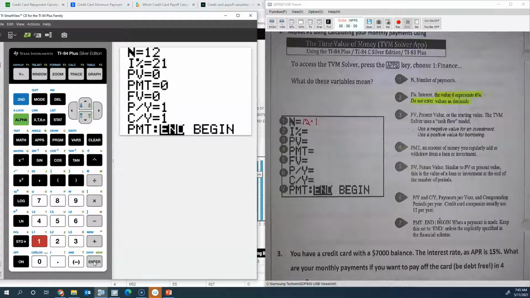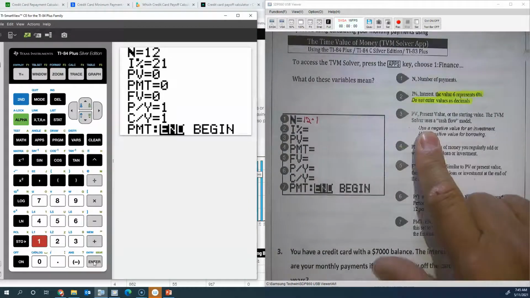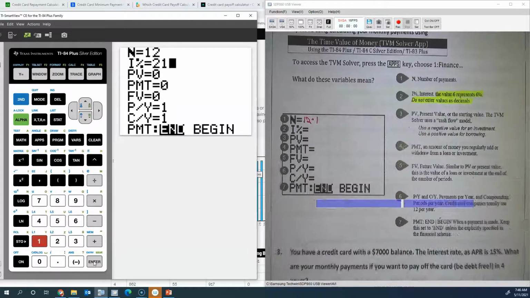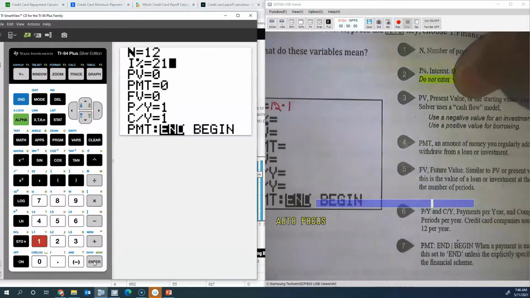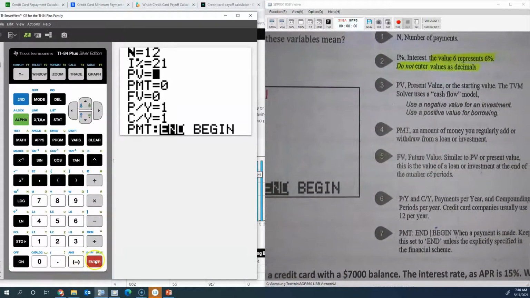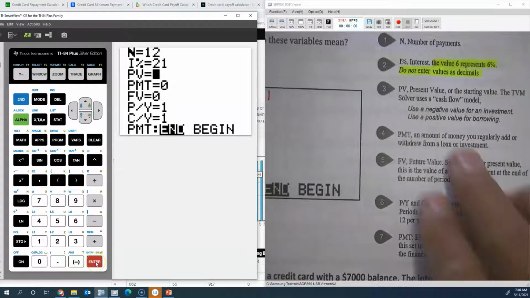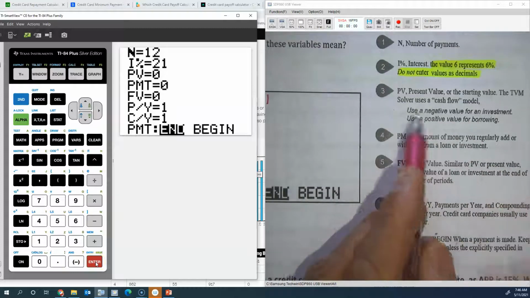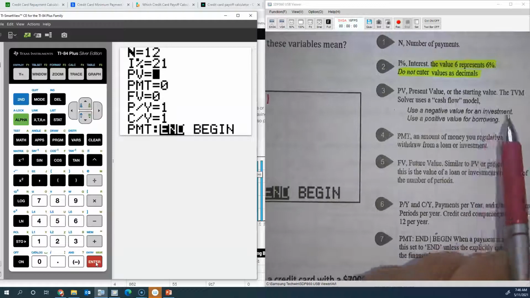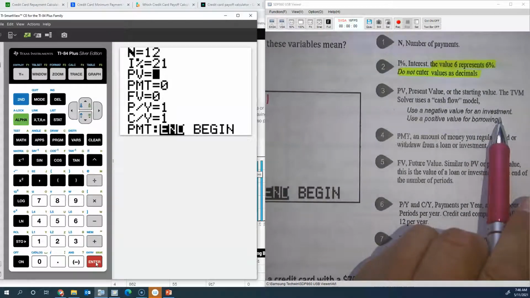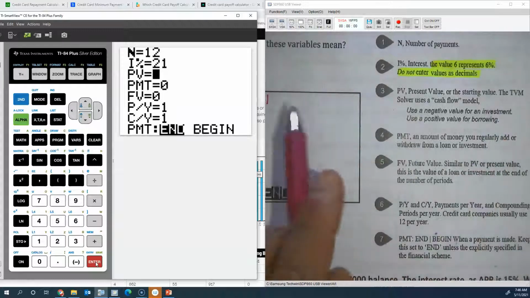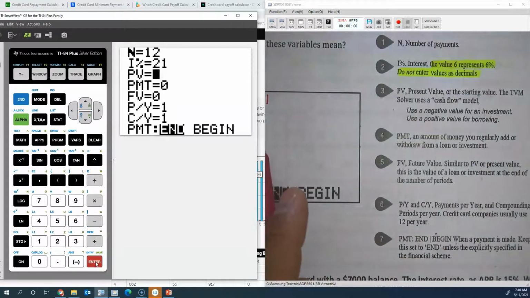Okay, now this is your present value. What you have to understand is when you put this number in as a positive or a negative. If you're making an investment and you want to see what that investment is going to grow to, you type this number as a negative.